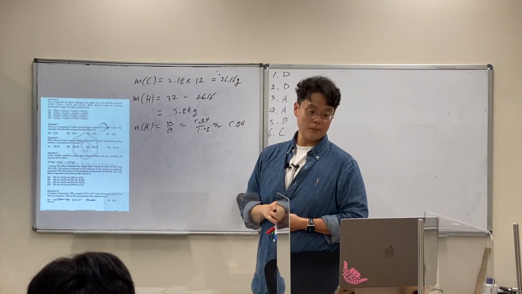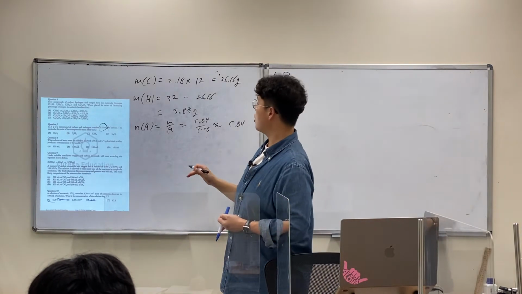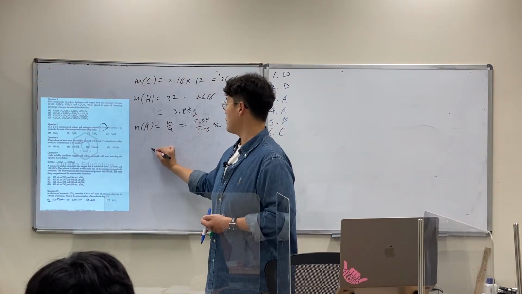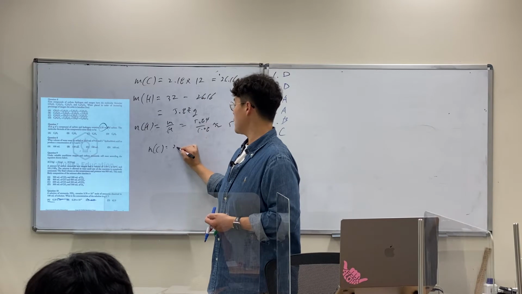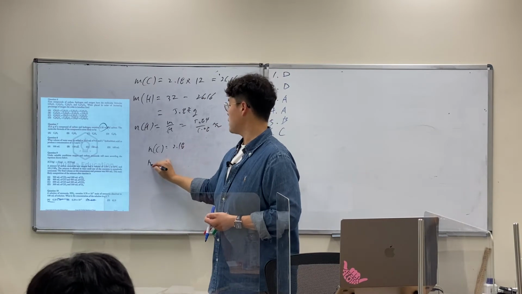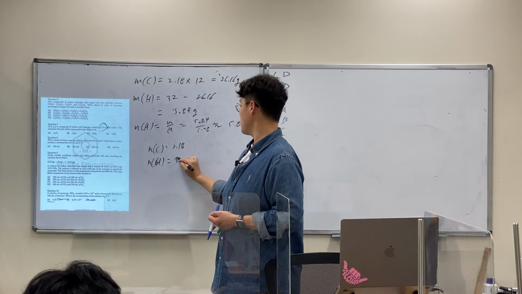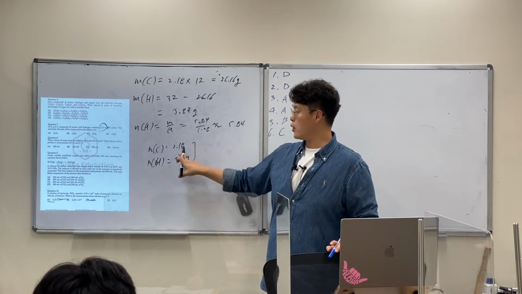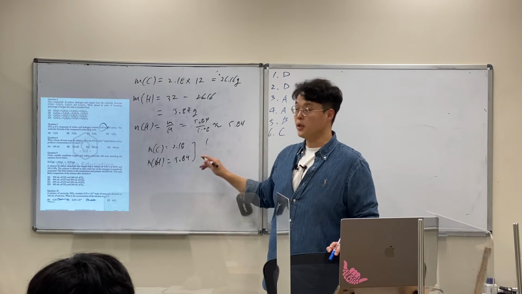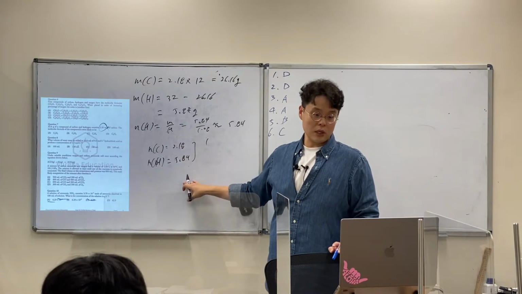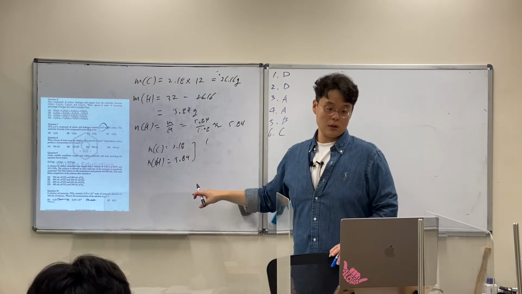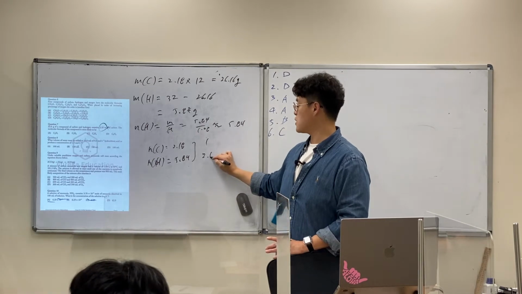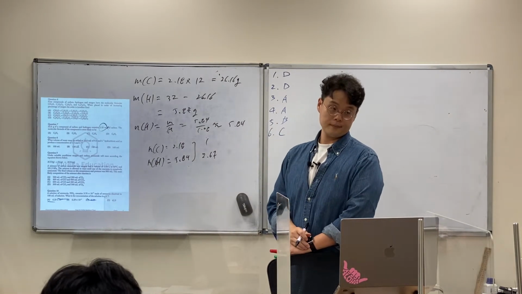So therefore, under the molar ratio, the number of moles of carbon is 2.18 and hydrogen is 5.84. So what you need to do is divide by the smaller value. So make it 1, and when you divide that, you will get 1 to 2.67, approximately.